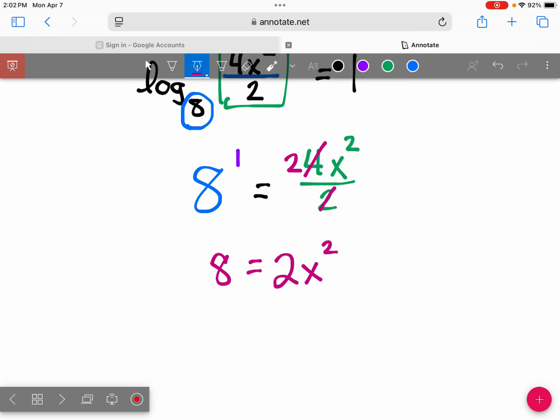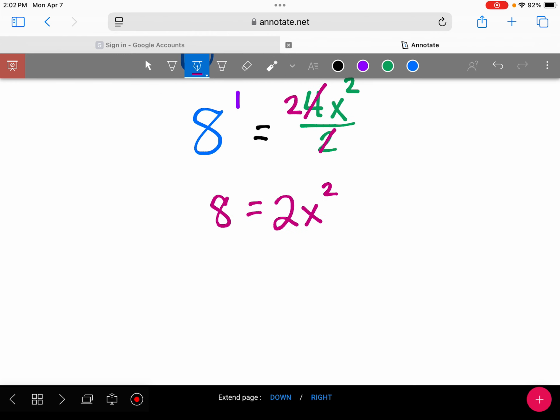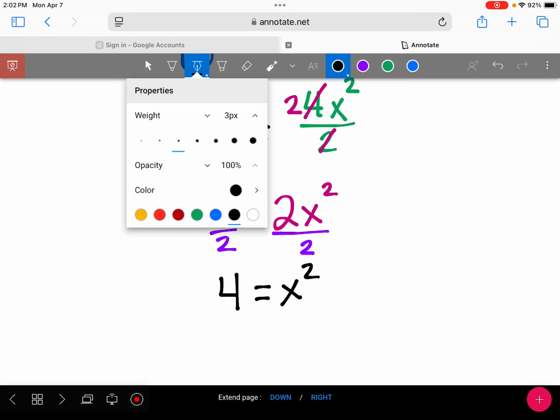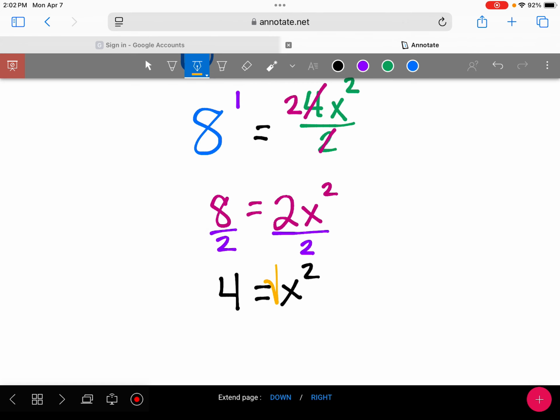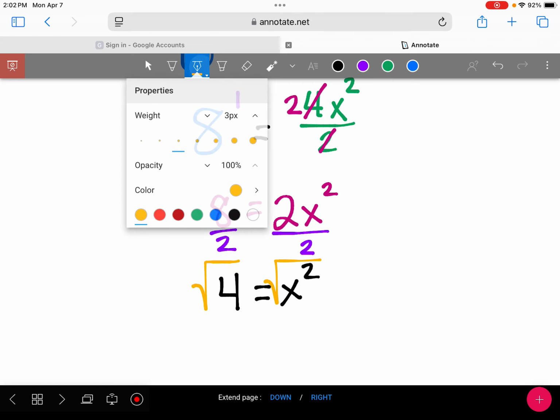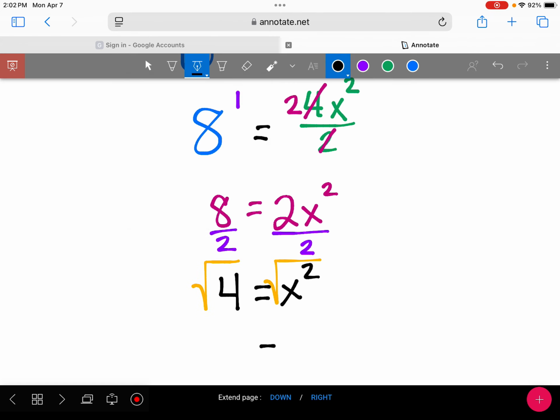Does that help us see what we could do next? Divide both sides by 2. That's going to give us 4 equals x squared. We're almost there. If we square root both sides, what are we going to get as our solution?